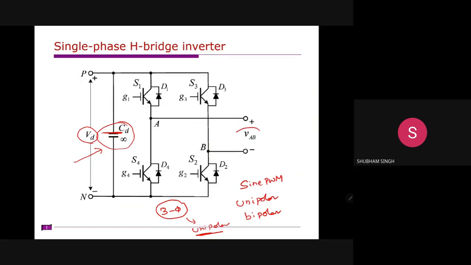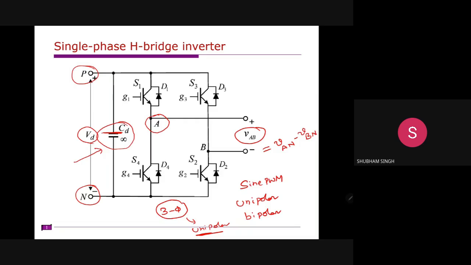So this VAB can be calculated by using the terminal voltages of A phase and B phase with respect to the negative DC bus. We discussed it, right? This is positive DC bus and this is negative DC bus. So VAB is VAN minus VBN.